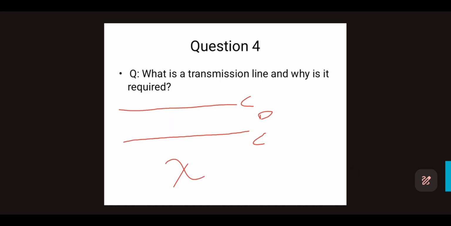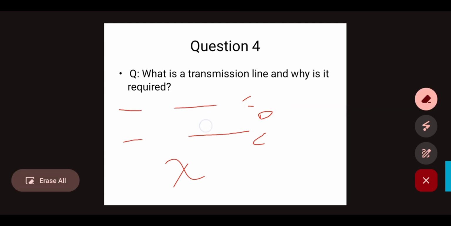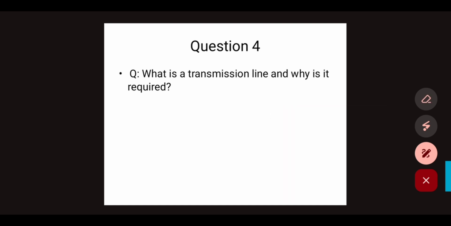And let me also tell, there are many different types of transmission lines available. For example, coplanar transmission lines, for example, two layer PCB, and then we have this coaxial cable.